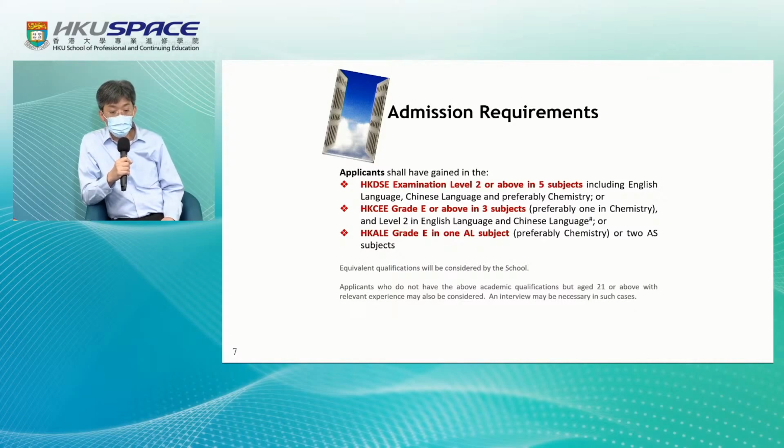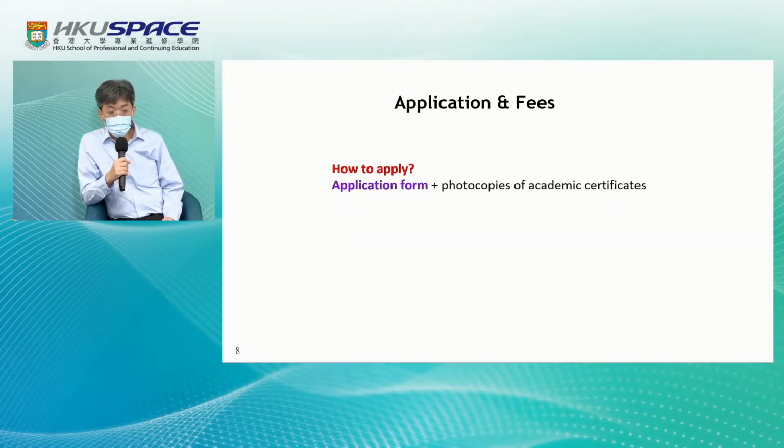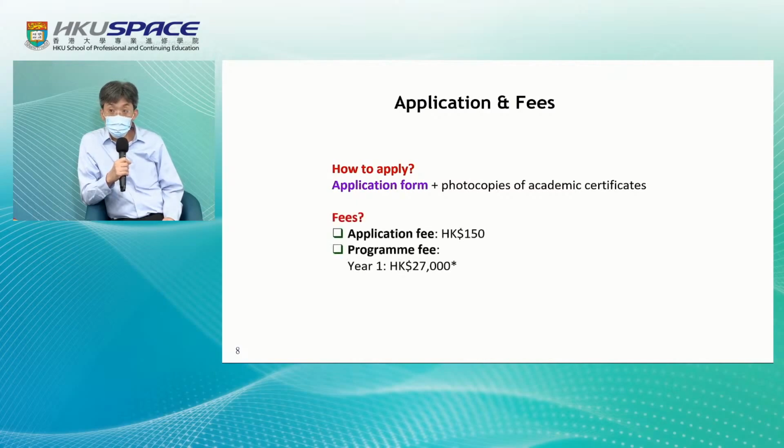Holders of the Hong Kong Advanced Level certificate are also welcome to apply, but they should have at least one A level subject and 2 AS subjects. The application fee is very straightforward: $150. The program fee is $27,000 for both year 1 and year 2.